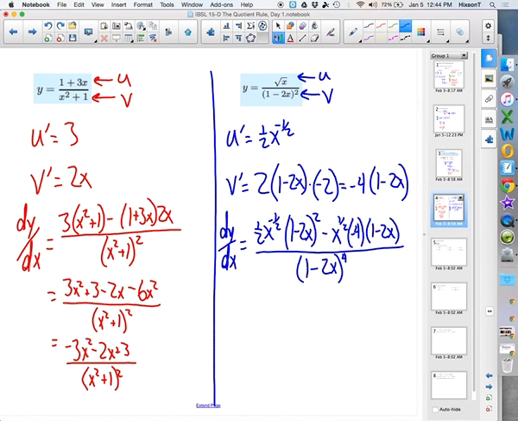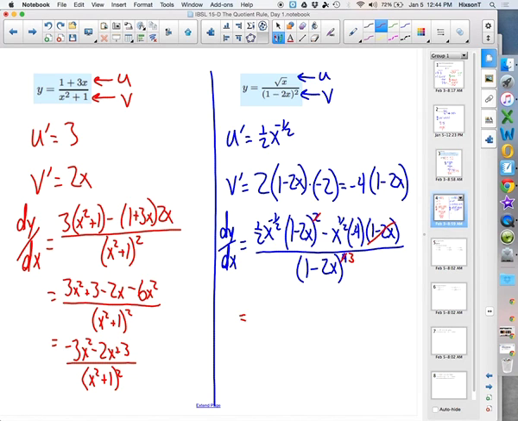This is why I said don't distribute this negative 4 in, because now we'll see it. You don't have to split it. You can just take one from each, and that'll cancel out one of these, as long as you're treating both sides equally. So let's see what we've got left over.